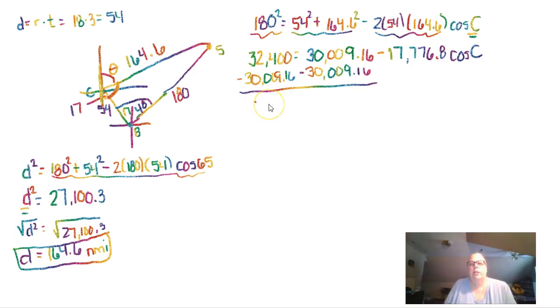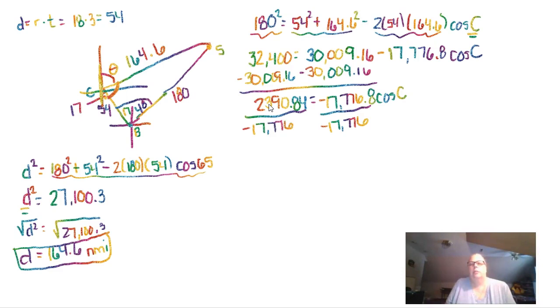That gives me 2390.84, and this is equal to negative 17,776.8 times the cosine of C. We need to divide out this coefficient right here, and whatever we get, we want it to be a number between positive 1 and negative 1 so that I can take the inverse cosine.